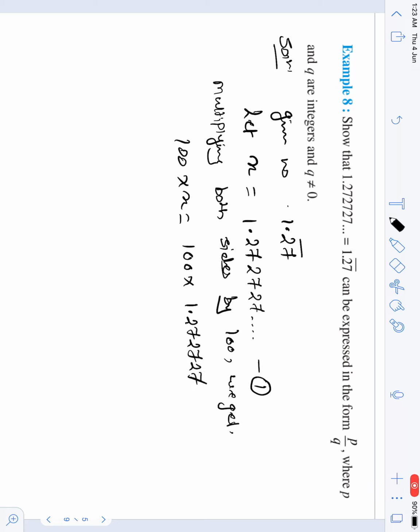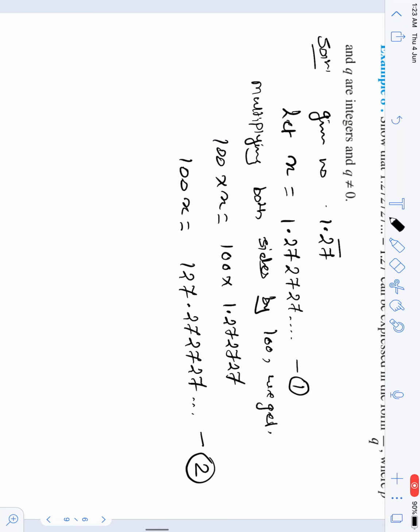Now 100 into x is 100x, and when you multiply 100 with this number, the decimal will move 2 digits to the right, so it will become 127 point. Now we can write this number as per our requirement; as here we have written it 3 times after the decimal, so here also we will write this 27 3 times. Now this is our equation number 2.